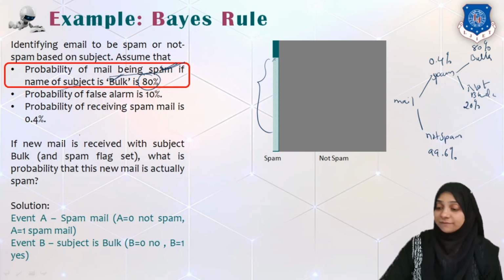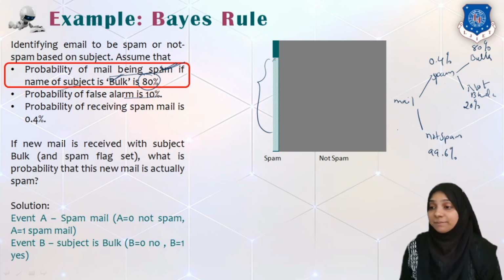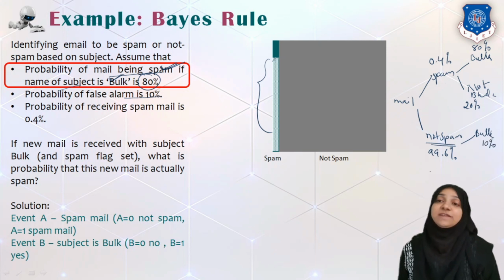And another value is given as the probability of false alarm. False alarm means the mail is not spam but still it contains bulk. There are 10% of these kinds of mails and they will be flagged as spam by our email spam filter.